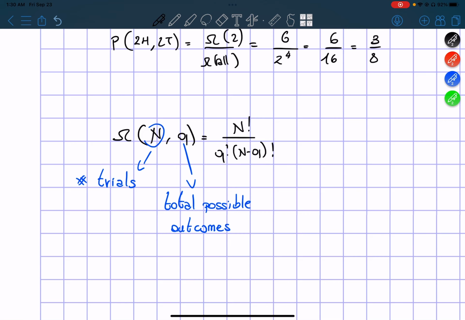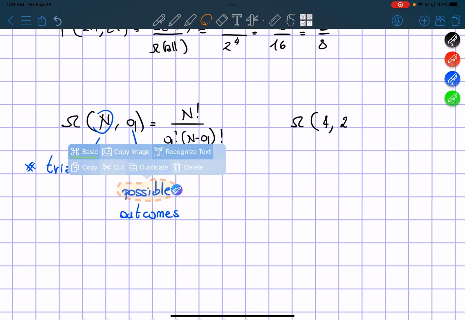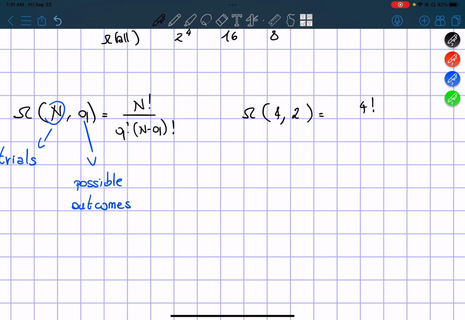So, for example, let's take our example of 4. We have our macrostate of how many trials we have? 4 trials, and then we want to know the possible outcomes. So we had 2 heads, so this is equal to 4 factorial over 2 factorial times 4 minus 2 factorial.